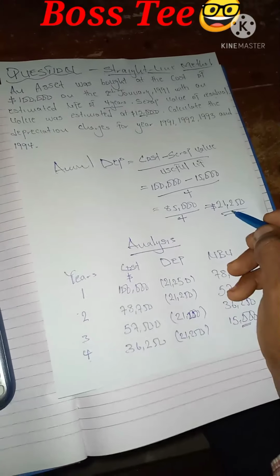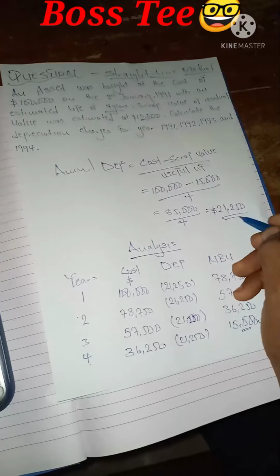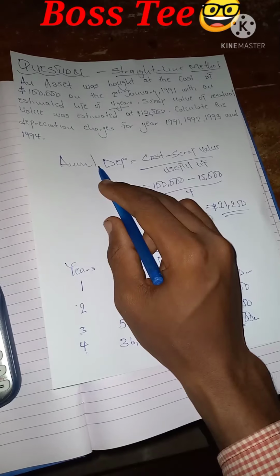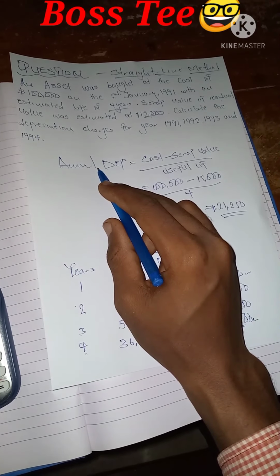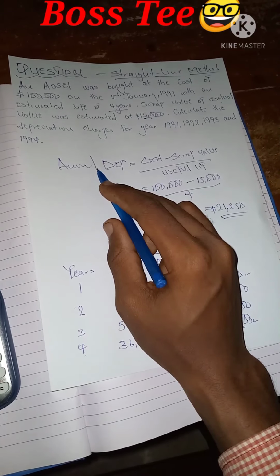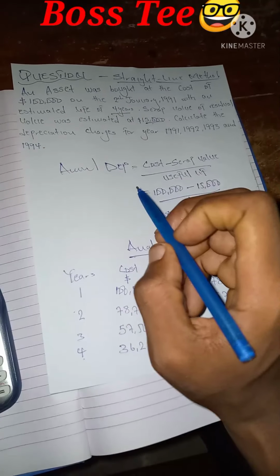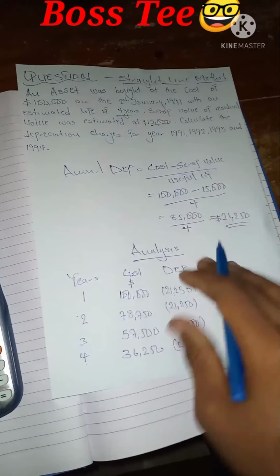So we arrive at 21,250. Now 21,250 we use as our annual depreciation. Every year from year 1 to year 4, we'll be depreciating the value of the asset by that same amount. That is why it's called the straight line method.